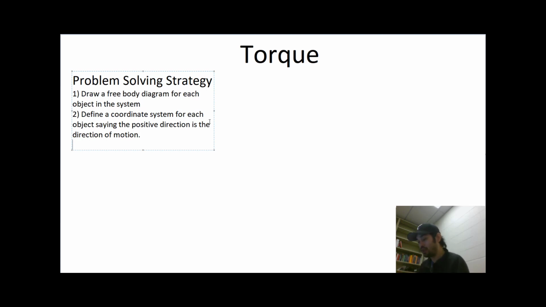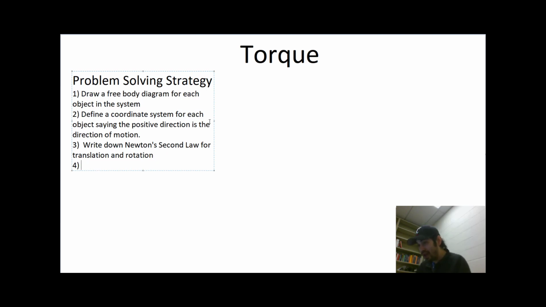If something's going to move in a particular direction, we're going to say that that's the positive direction. The next thing we can do is write down Newton's second law for translation and rotation.